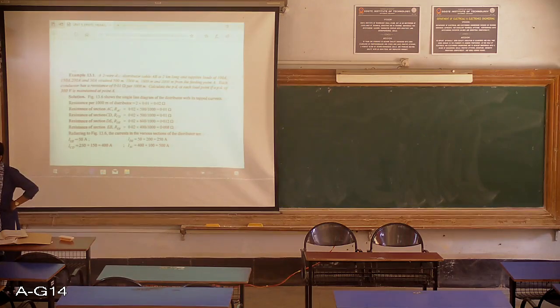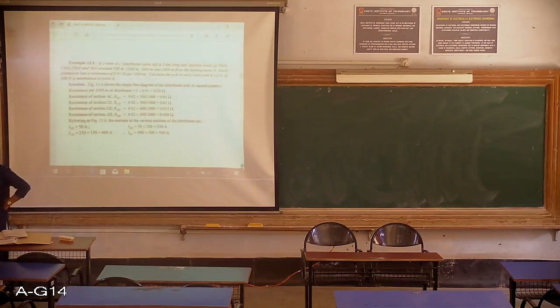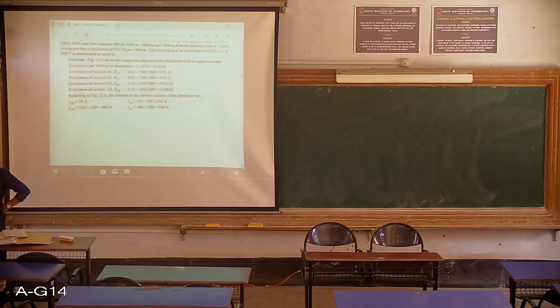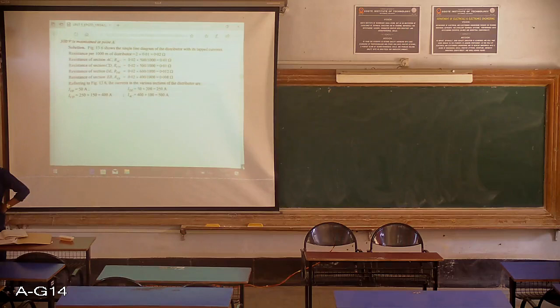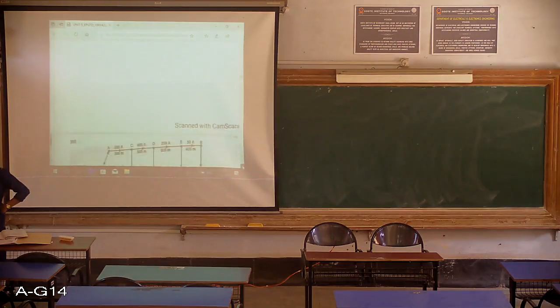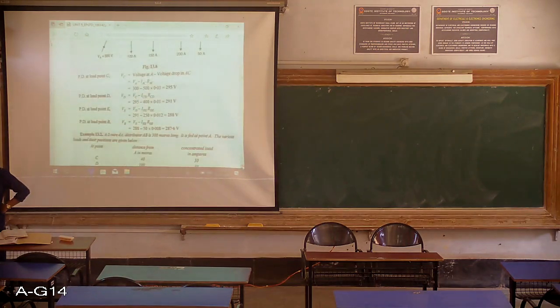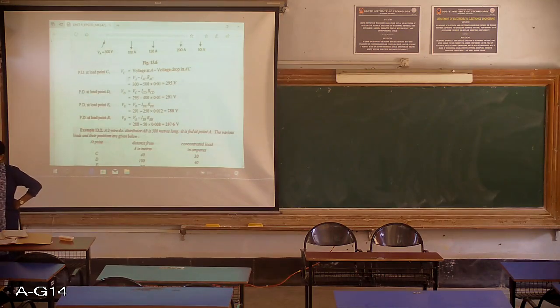Now we are also having the tappings, the distance and the resistance. So calculate the voltage drops. On the same line, we have calculated VC, VD, VE and VB. They have not asked any cumulative, they have just asked the section. So how have you calculated at C?